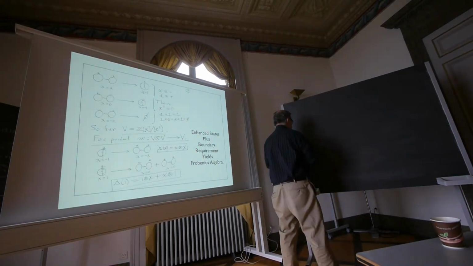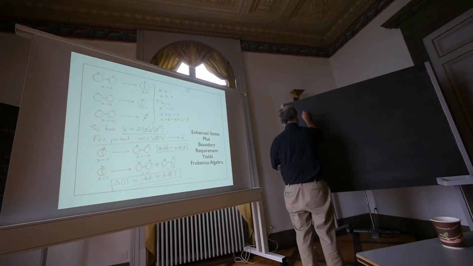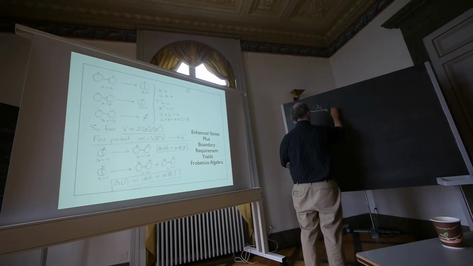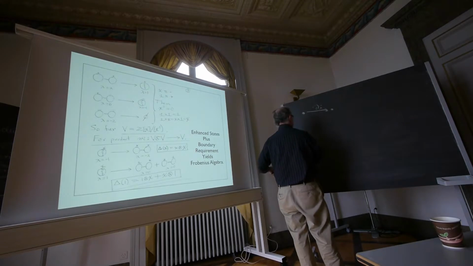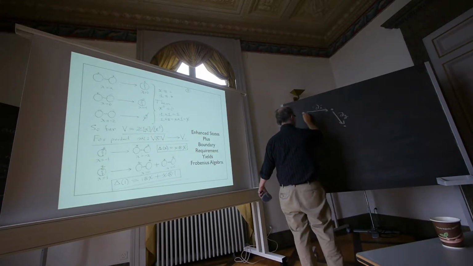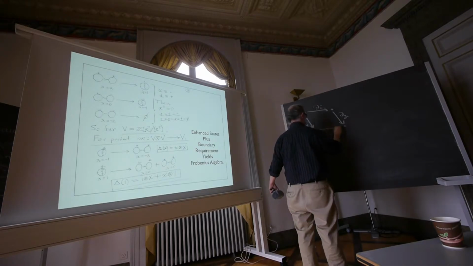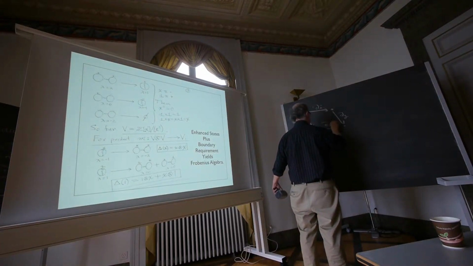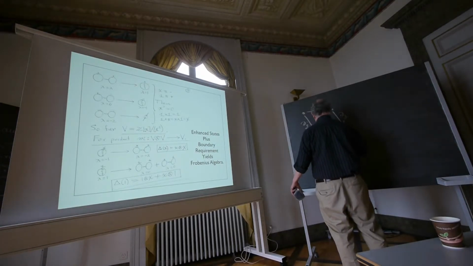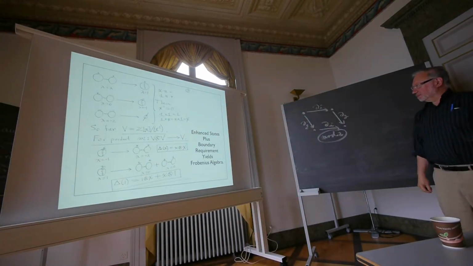So what I need is the following: that if I start somewhere and I do one of these partial boundaries and end up somewhere else, and then I do another one and I end up somewhere else, that I might have done it in the other order. And mod 2, I want this to be the same.